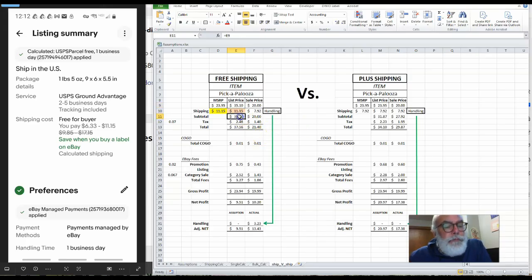So I guess if we wanted to just compare, if I go over here and I put $11.15 in the plus shipping assumption, again, we have $35.10 because we've determined that our shipping is going to be $11.15 based on this number. So actually yeah. So this is our assumption.